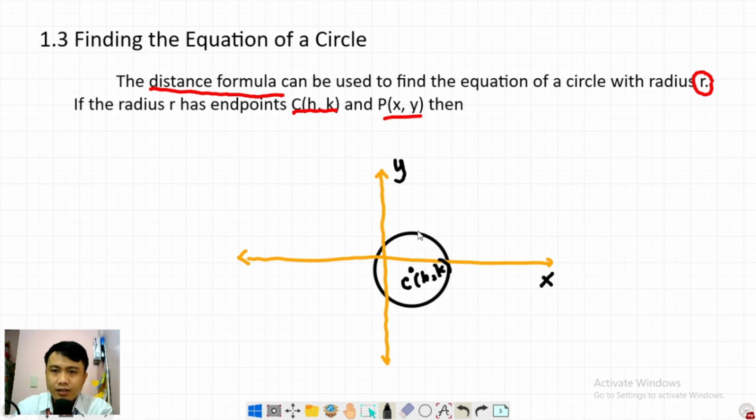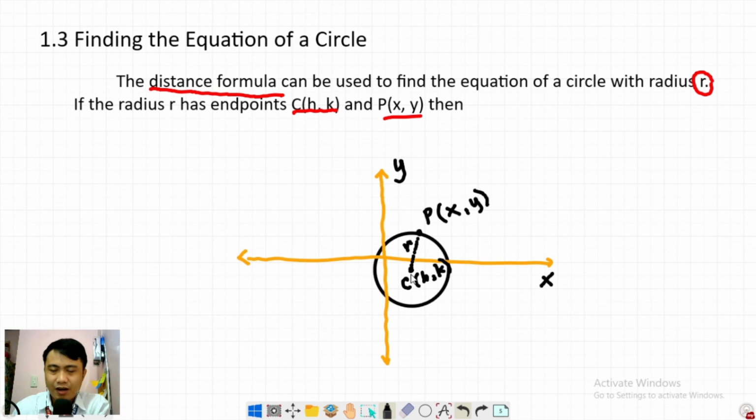And suppose this is the point P(x, y). And of course, we're going to connect this point, and we have the radius r. Yan, nakuha nyo? Sana nakuha nyo, no?